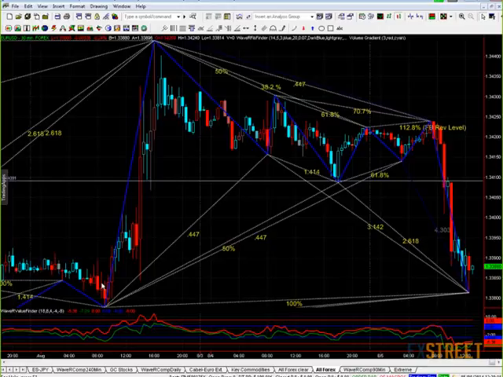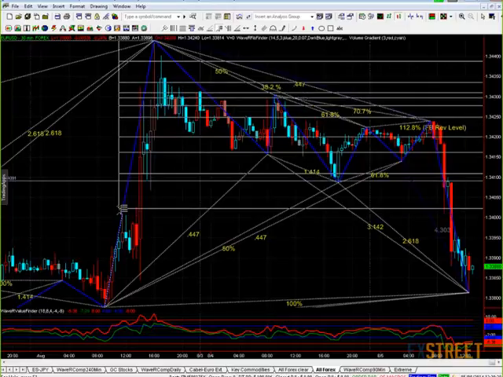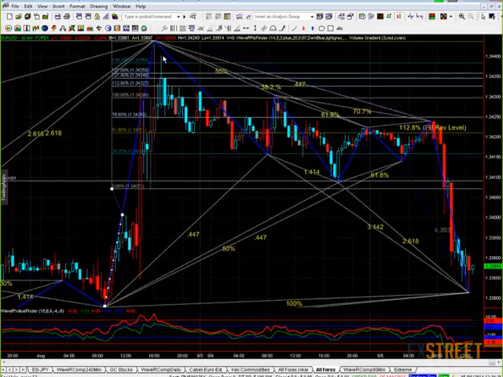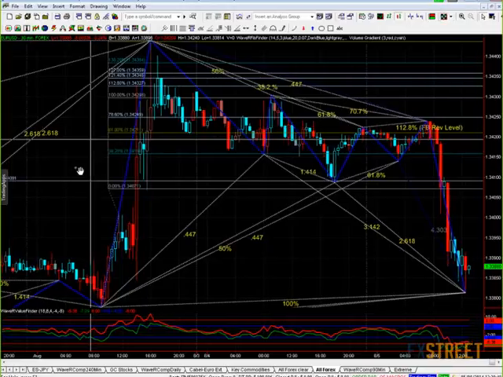Anyway, coming back to the point I was going to make, we can actually divide this into 5 waves: wave 1, wave 2, wave 3, wave 4, and wave 5. And let me just measure wave 1 in relation to this wave 5. And what we can see is that it's come up to 161.8.